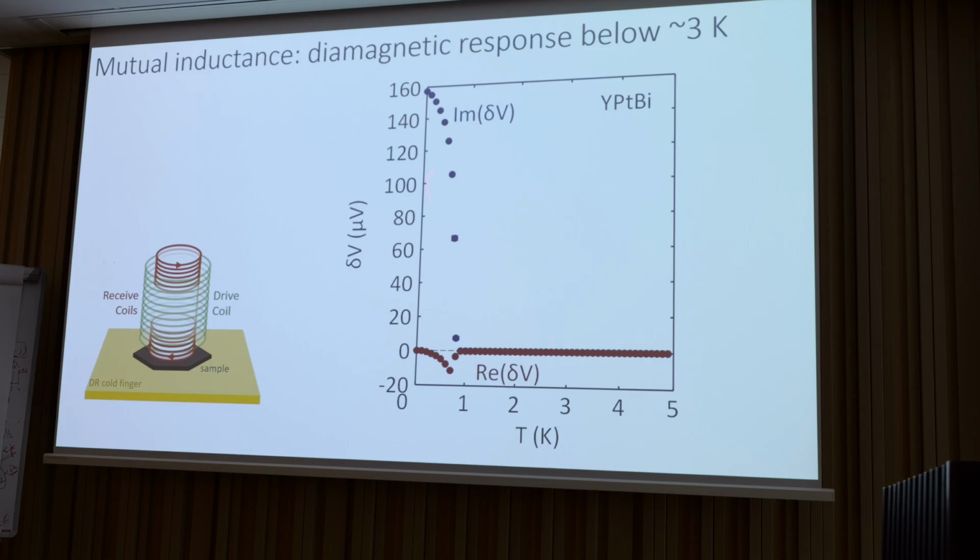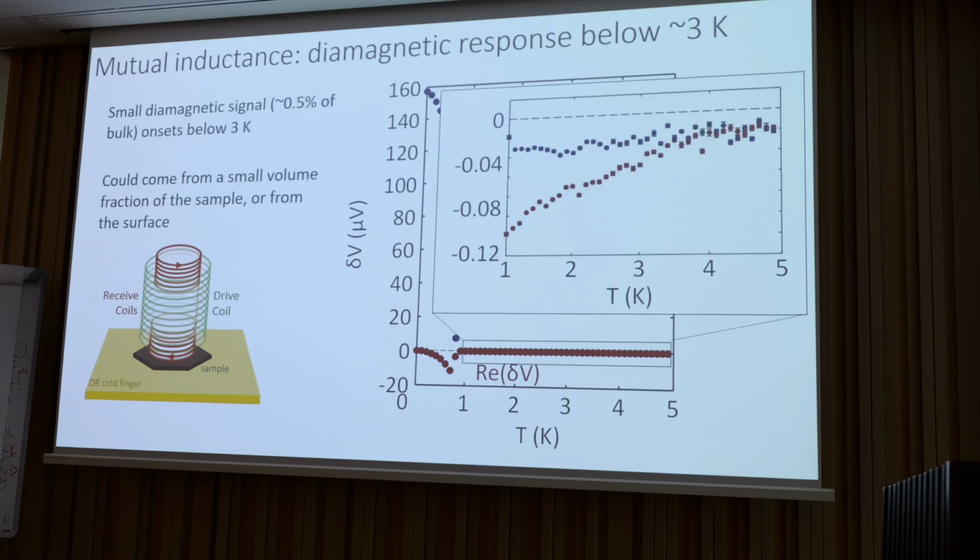What you see here is the signal, the real and imaginary part of the signal as a function of temperature. We clearly see this large signal in the imaginary part for the superconducting transition at the correct critical temperature, and it looks like everything else is just flat.